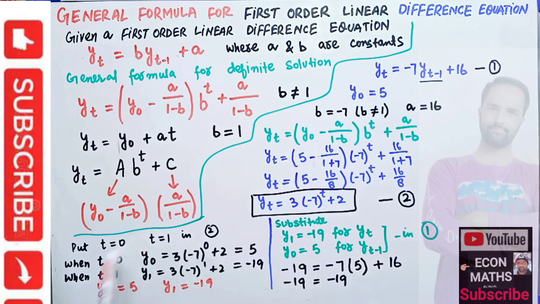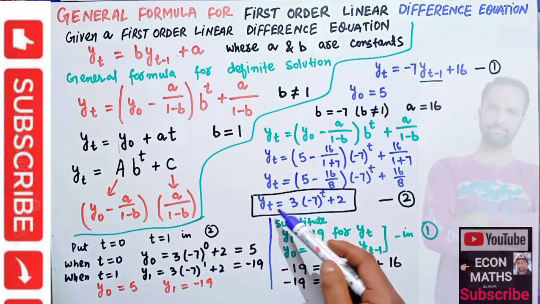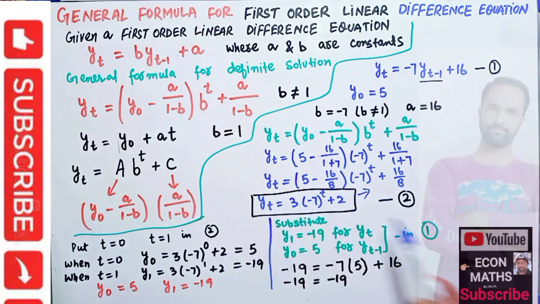So this process was only to verify the solution. The solution for this first order linear difference equation came out to be this very equation. To verify the results, we substitute t is equal to 0 and t is equal to 1 in this equation.